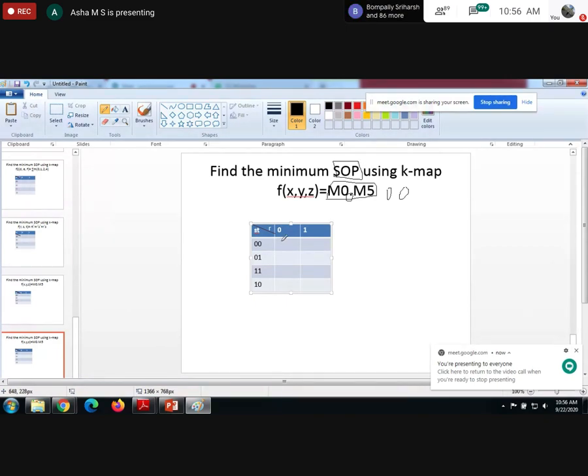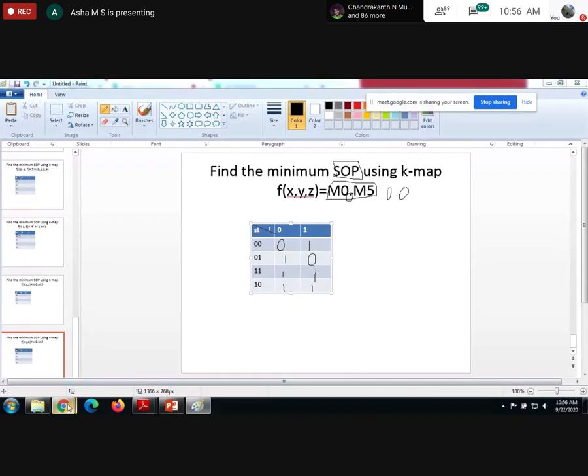Are you clear with this? Cells 0, 1, 2, 3, 4, 5. In these 2 places, 0. In the remaining places, 1. This is the homework for you. Tomorrow there is no class. I think the next class is on Friday. So I want an answer from everyone on Friday for this.